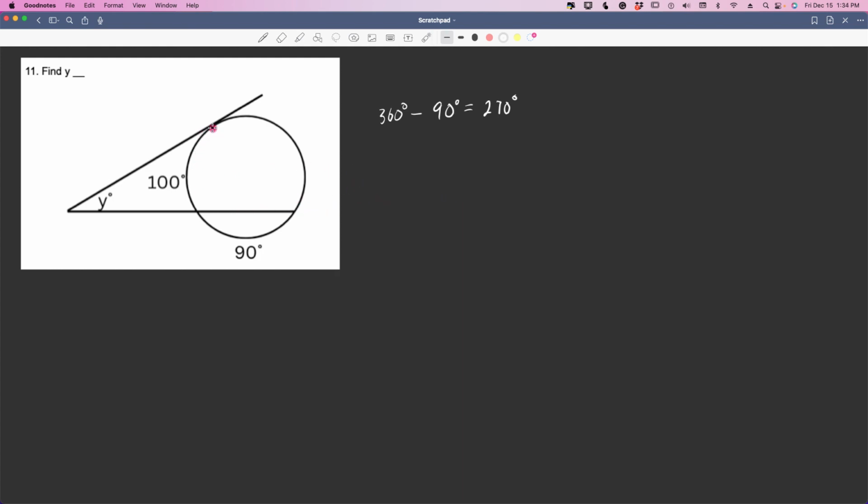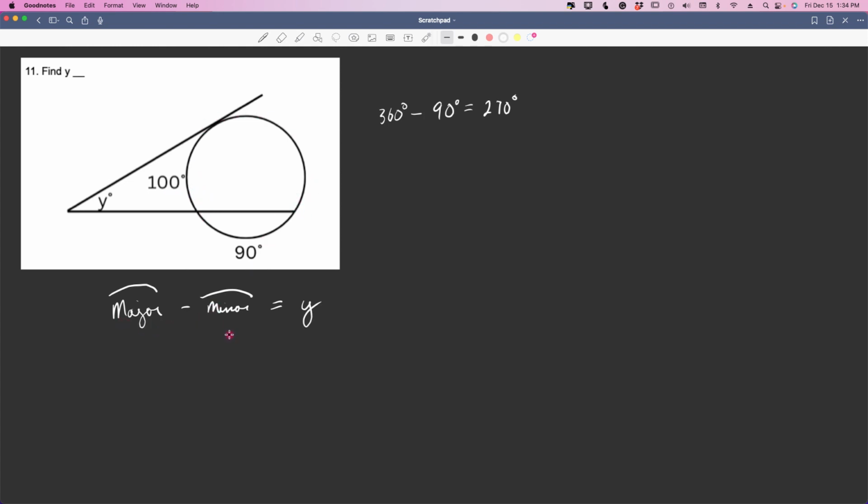So of that, we know that in order to find y, we've got to subtract the major arc minus the minor arc, which is going to give us the value of y. So in order to find the degree of the major arc, we've got to subtract this minor arc from it, because they're both added together right now.